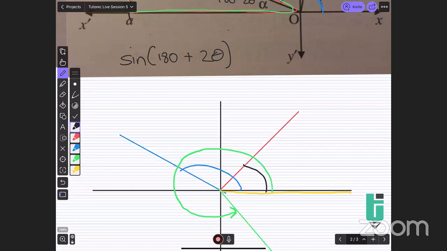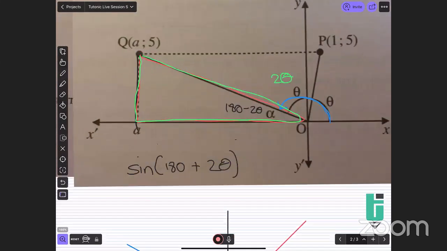Negative sine 2 theta. So then students become confused with the negative. So I'd rather just say, look at the angle that is made and then look at your triangle. The triangle is there to guide you.